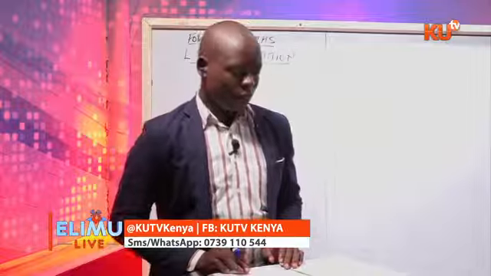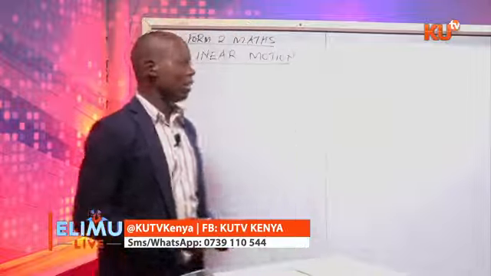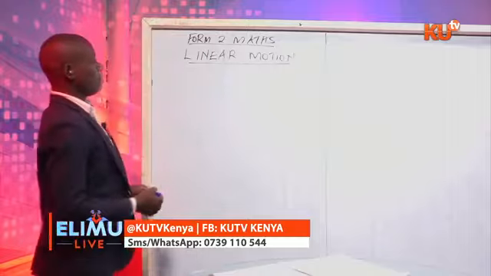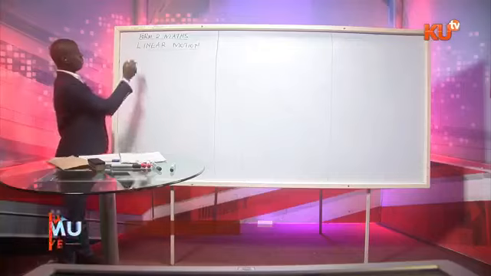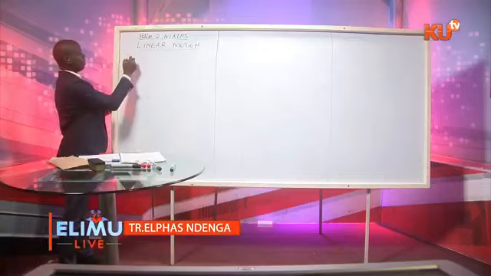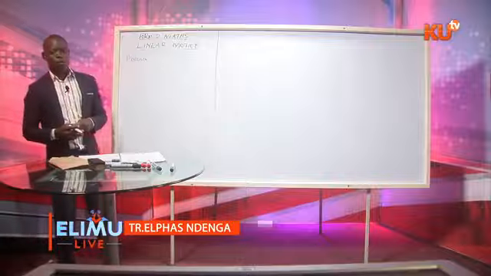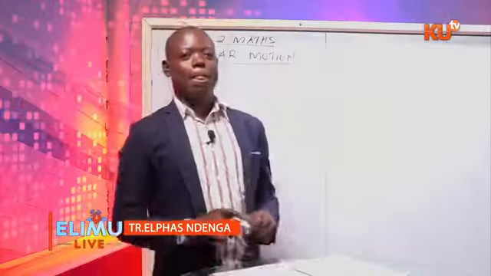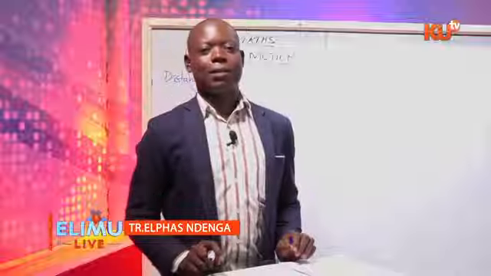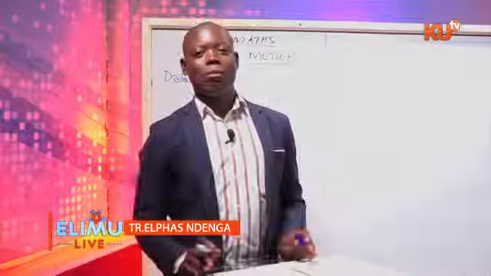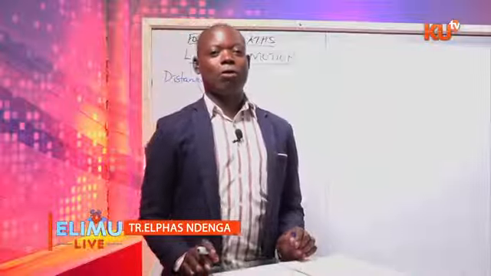To start us off, let's first look at what is key in linear motion. It's important to understand the meaning of the following terms. We have what we call distance. What is distance? Distance is a common word that we've been using all through.